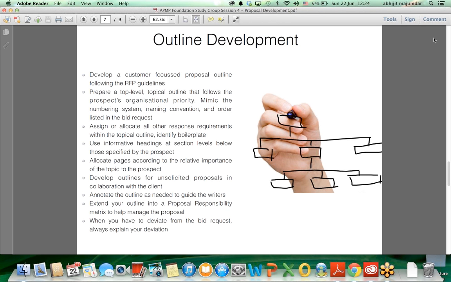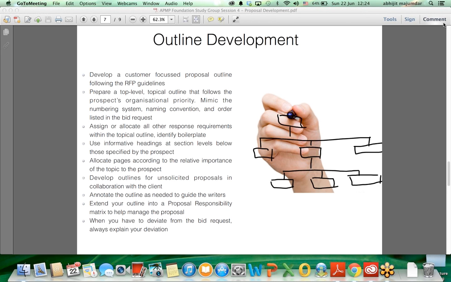There are times when you may have to deviate from the outline guidelines which are provided. If you do so, you should always inform the customer about why you are deviating from that guideline, and that should be of value to the customer.